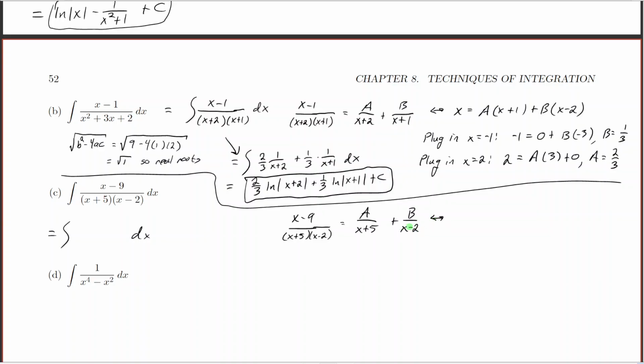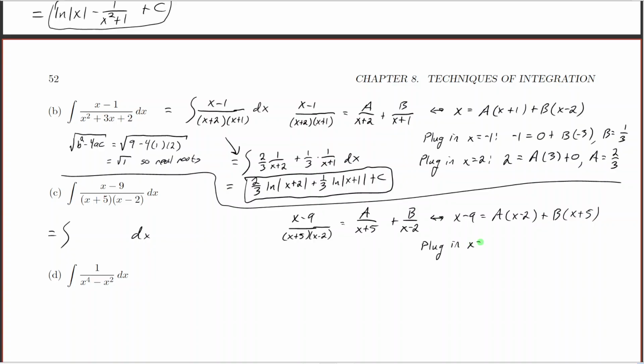Go ahead and multiply through by our denominator to clear things out. x minus 9 is going to be equal to A times (x minus 2) plus B times (x plus 5). And once again, I have the choice of either expanding and comparing or plugging in values, but since I can plug in 2 and plug in -5 and get to A and B right away, I'm just going to take that approach.